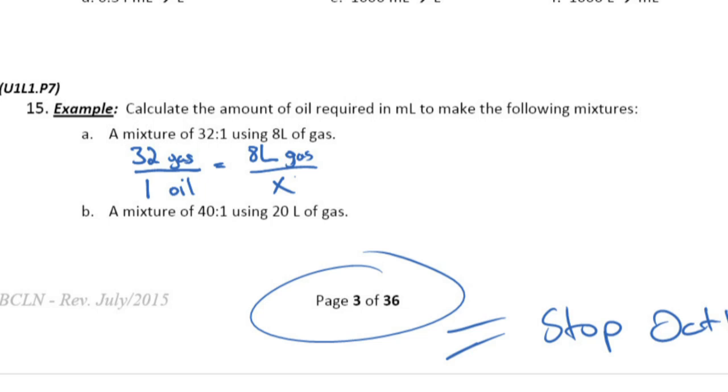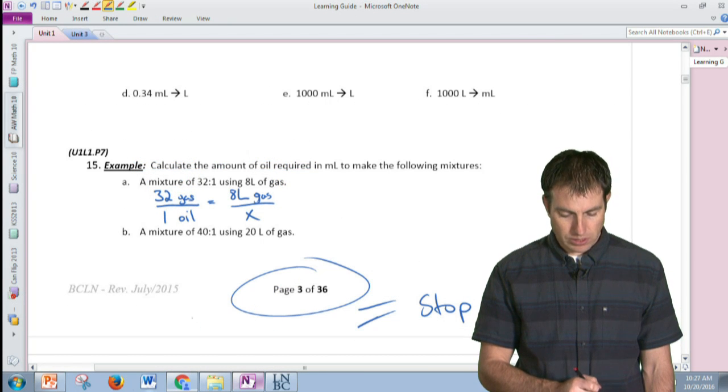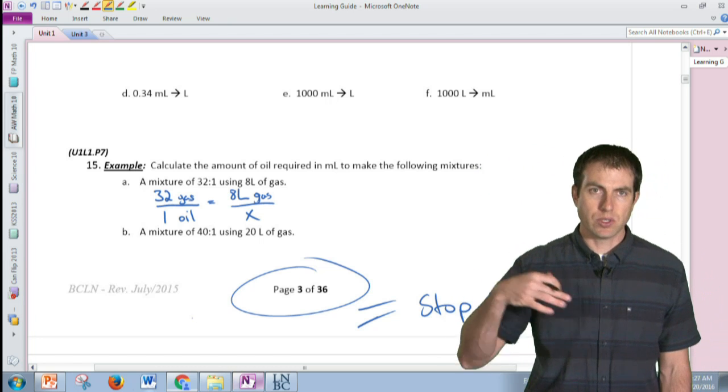I don't know what. It says calculate the amount of oil in milliliters. Before I even begin, I see that my gas is in liters, so my answer will be in liters, and I'll have to convert it to milliliters, which just means multiplying by 1,000, but we'll see how we do. When I write down these ratios, I write them as a fraction.